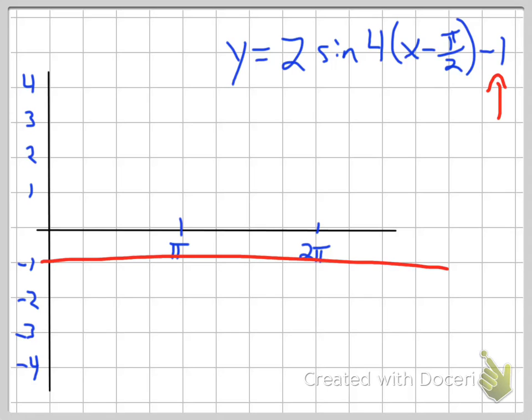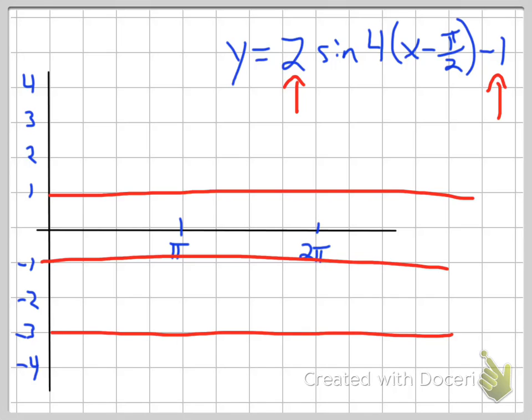So there's my midline. My amplitude is 2, which means I'm going to go 2 above that and 2 below my midline. It's going to touch those 2 points there. I know that it's going to have a starting point on my midline at a positive pi/2. So my starting point will be here.